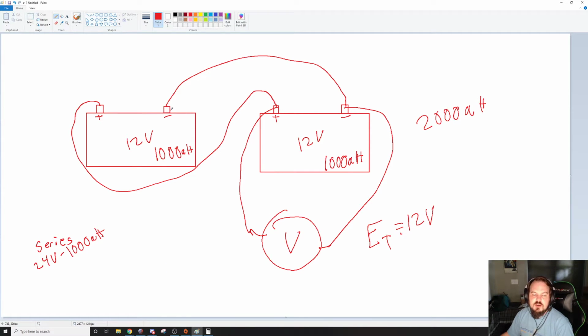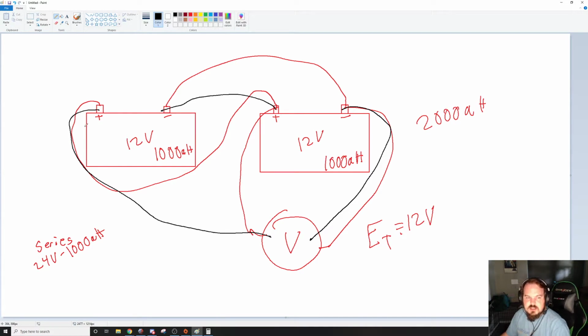So if you had connected these instead of this way, if you had connected it, let's use black, connected these two together and then ran like that, that would be connecting it in series. So the current has to go through one battery to the next battery, and so series is only allowing one path of current.